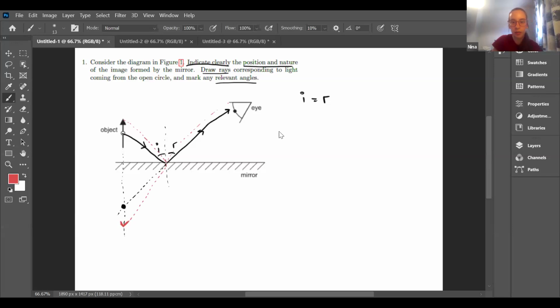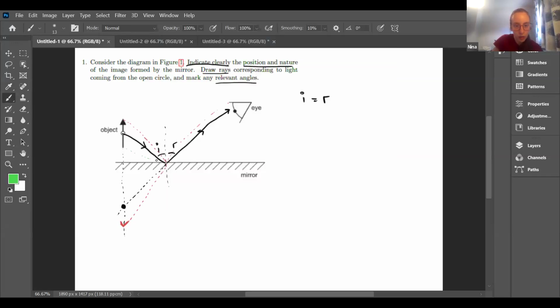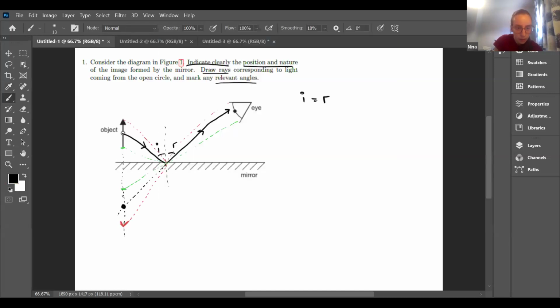The same thing we can do with the bottom of the arrow, with a bigger angle of incidence and reflection. Continue it into the mirror. So this is the bottom of our arrow. And this is how we form our full image. There we go, an arrow.